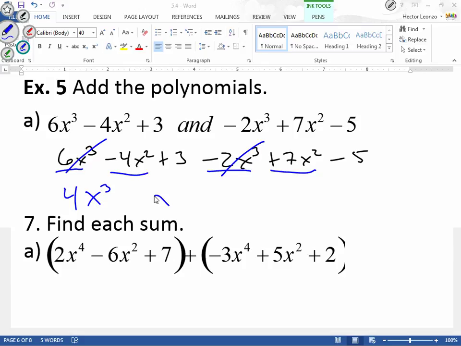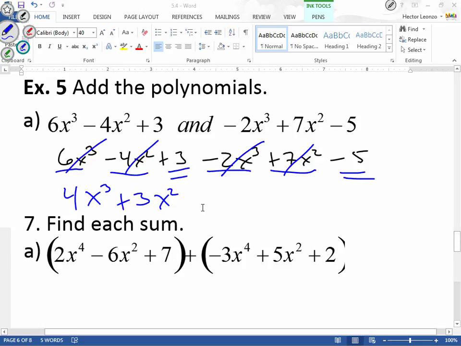So x to the second. When I combine my coefficients, -4 plus 7, that gives me a +3. Cross them out, so I know I used them. After x squared, I have x, but I don't see any. Lastly, I'm going to combine 3 minus 5, which I'm going to call -2. And I cross them out, so I know I already used them.